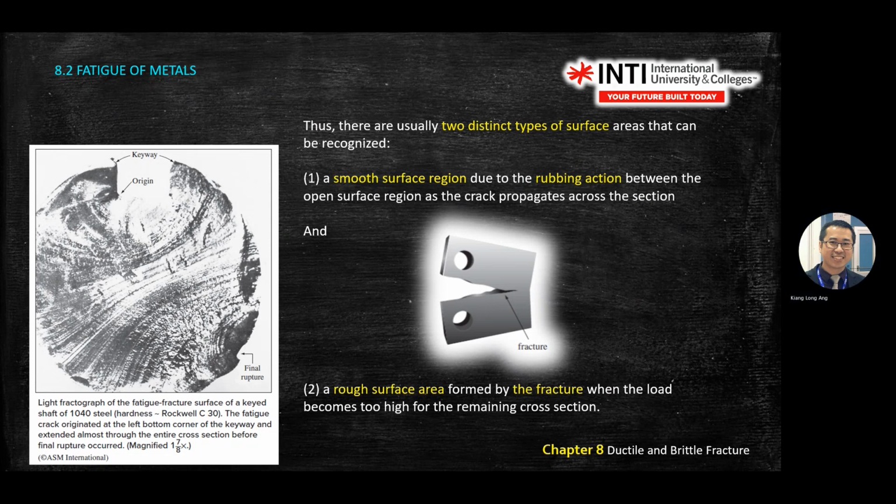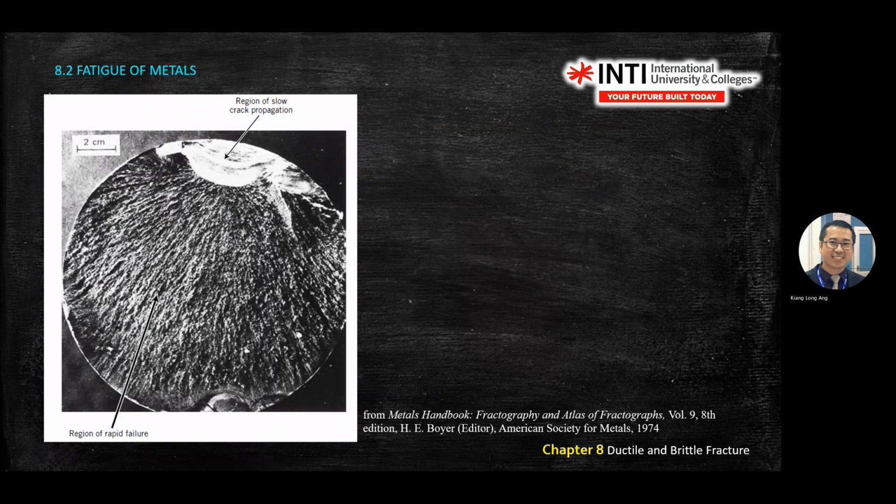Especially here, when it opens, maybe at the beginning the two surfaces will rub each other. A rough surface is formed by fracture. If you're given a picture and you look at this microstructure, it's like a hairline.